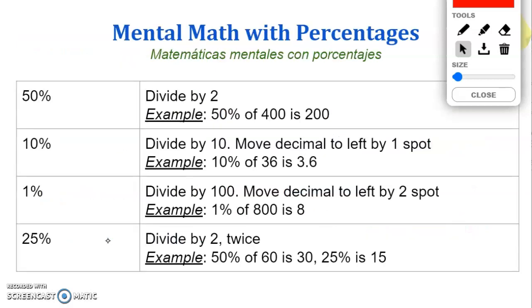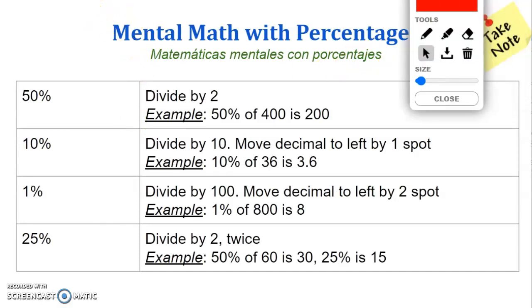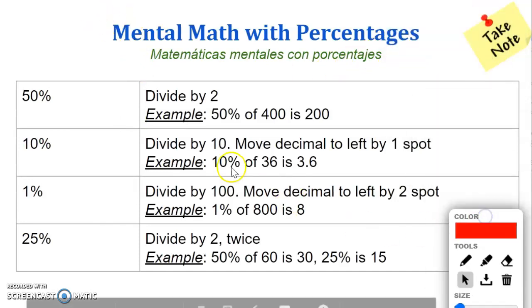Right, so I would like you to pause the video and take these notes down. Okay, so when you're talking about mental math with percentages, to figure out 50%, you're going to divide it by 2. To figure out 10%, you're going to divide things by 10. That also means move the decimal place to the left by 1 spot.